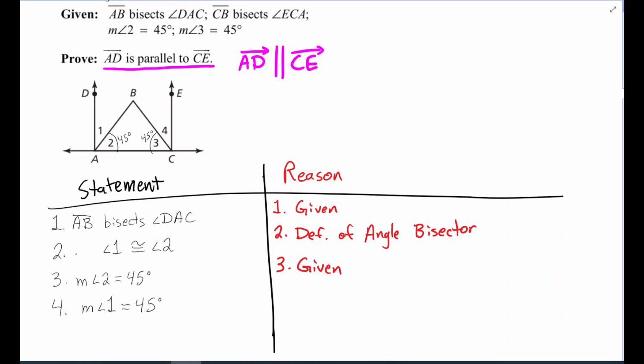Because that is simple substitution. We knew that angle 2 was 45 degrees. We knew that angle 1 was congruent to angle 2, which meant that the measure of angle 1 was equal to the measure of angle 2. Measure of angle 2 is 45 degrees, so the measure of angle 1 is 45 degrees.